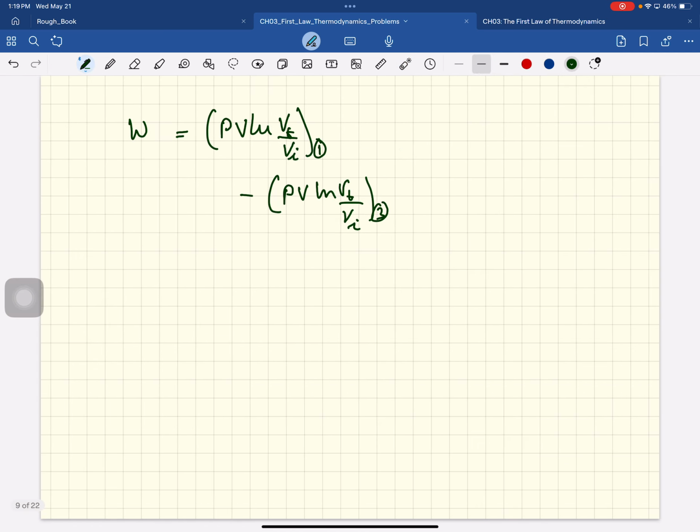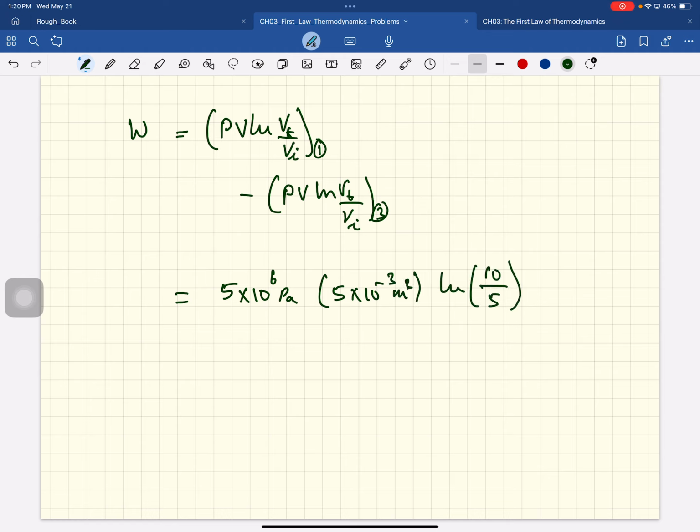V is 5 liters, log of 10/5, minus P was 2 megapascals, 5 liters, and log of, what is the final volume for process 3? 5 liters.